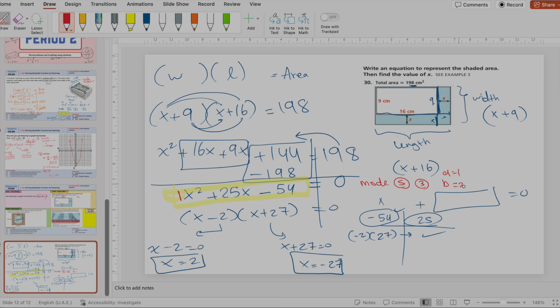B is basically 25. Your c is basically negative 54. If you plug these in and type equal, you're going to get two solutions. X equals 2, which is exactly what we got. X equals negative 27, again exactly what we got. As long as I did not ask you to show me the factorization, you can do that.